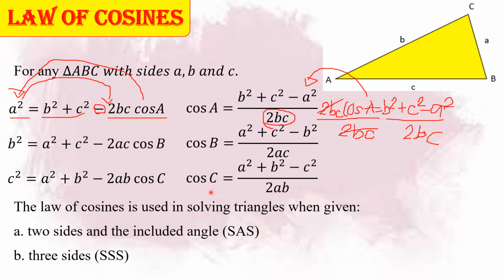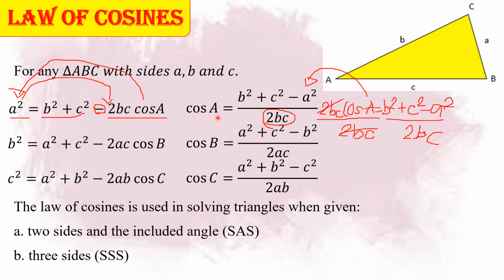So, just look at this one. For example, ang hinahanap natin ay si angle A. Okay? So, we will be using the cosine A. And then, since si cosine A ang hinahanap natin, kung titignan nyo, yung nandito sa third term, which is negative, ina-negative nyo lang yung side na yun, and then i-square nyo lang.